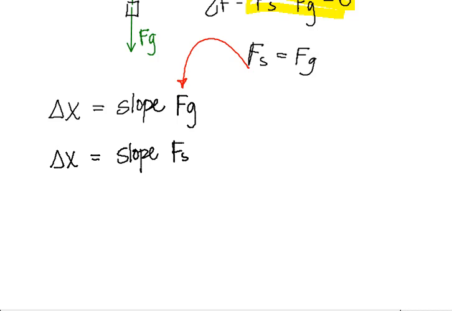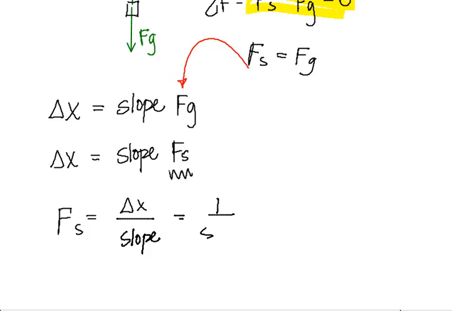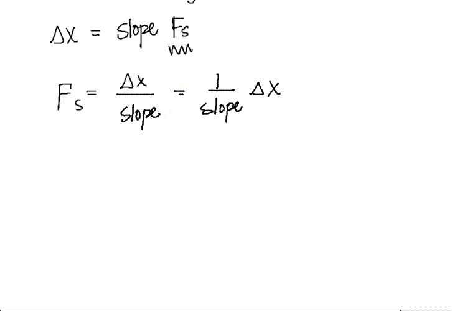Now, in physics, we want an equation that says the spring force is equal to something. So what do I need to do to make an equation that says the spring force is equal to delta x over slope? That's exactly right. And that's the same thing as saying 1 over slope times delta x.